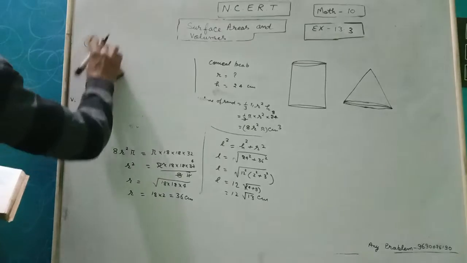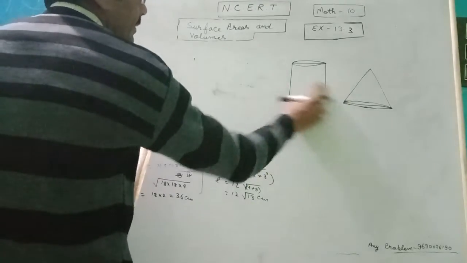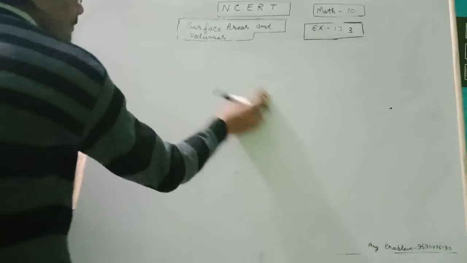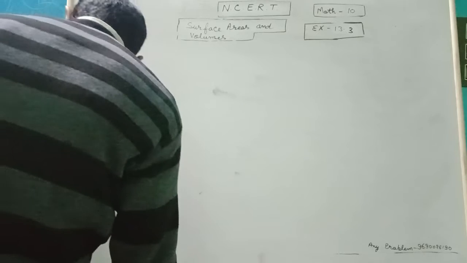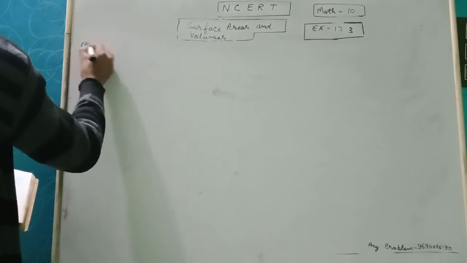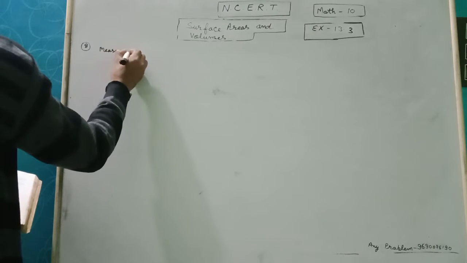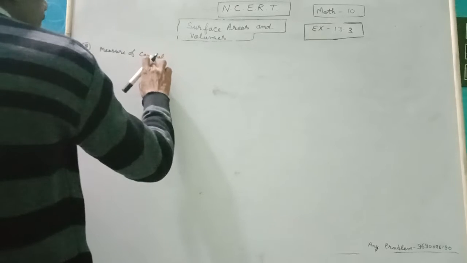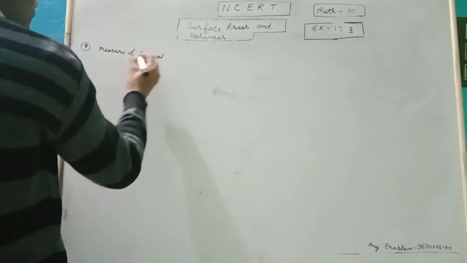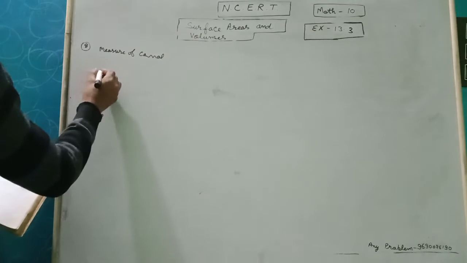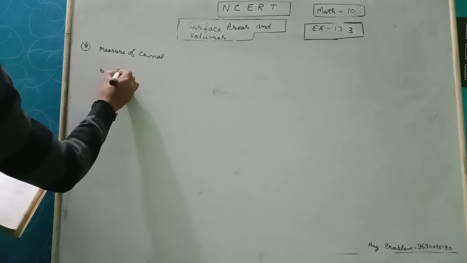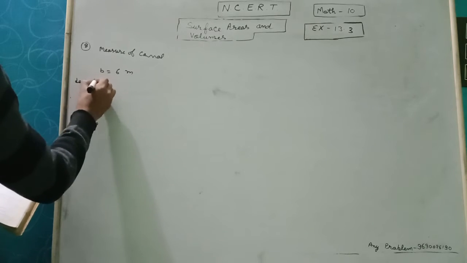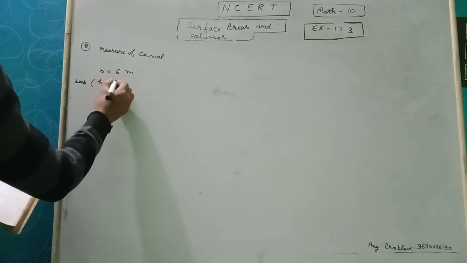Question number 8. A canal. Measure of the canal: width, b is equal to 6 meter, and deep, h is equal to 1.5 meter.